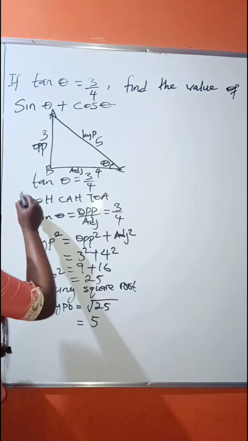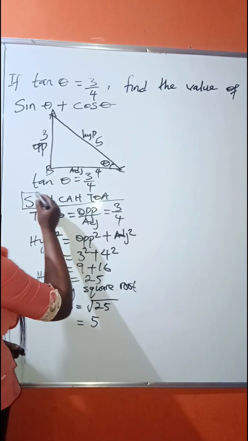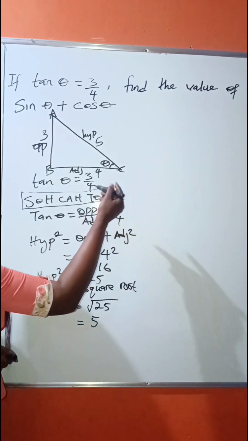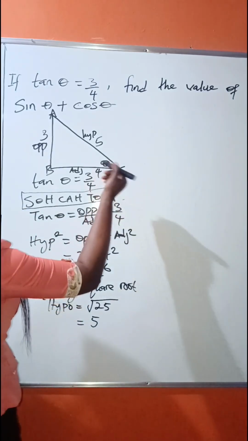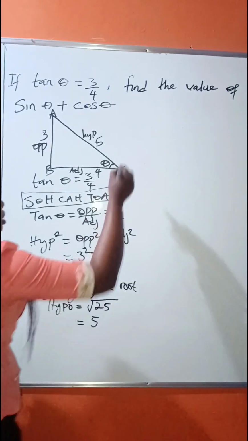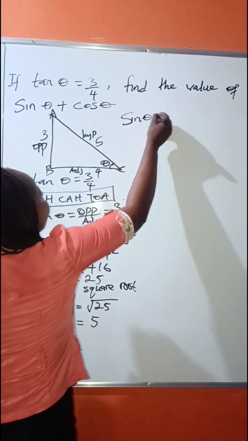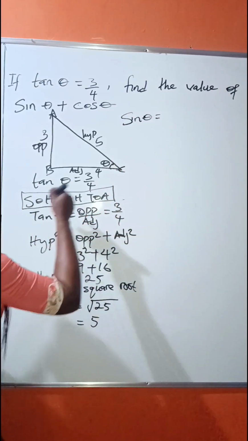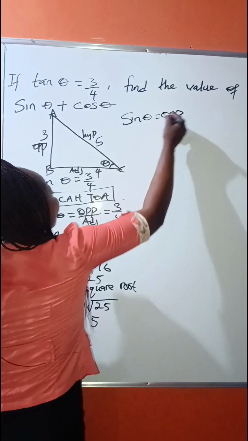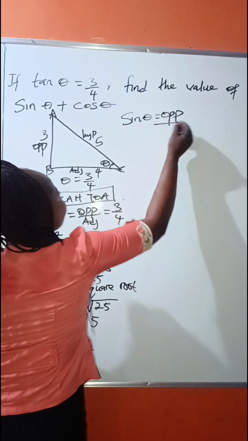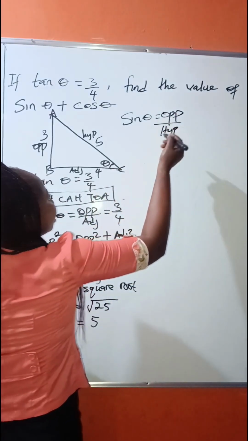Then we are coming back to this formula, SOHCAHTOA. So what is sin theta? Sin theta equals O, which is opposite, over hypotenuse. That is what it simply means.